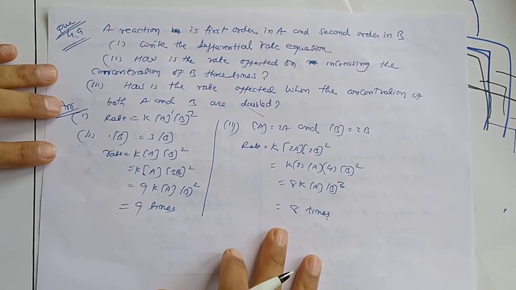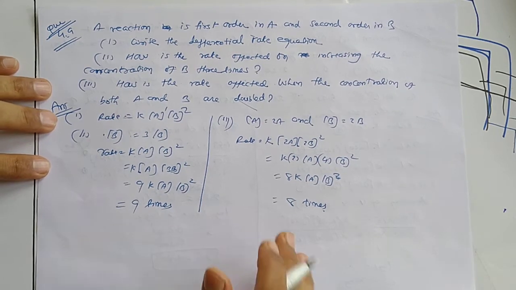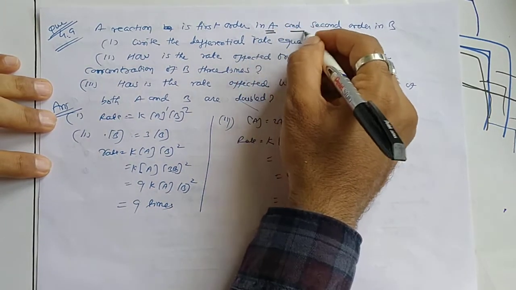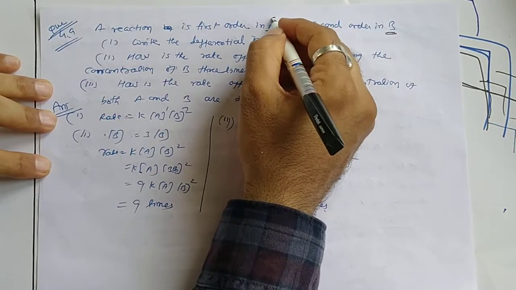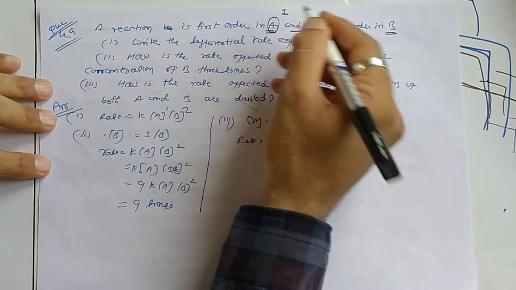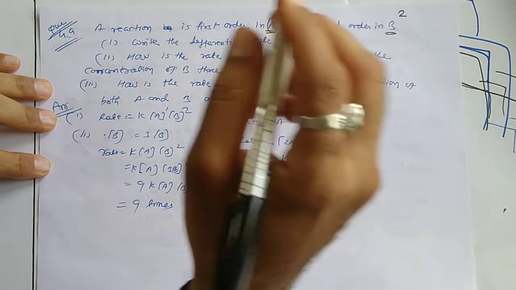Now next, 4.9. A reaction is first order in A and second order in B. Means with reference to A, the order of reaction is 1. With reference to B, the order of reaction is 2.